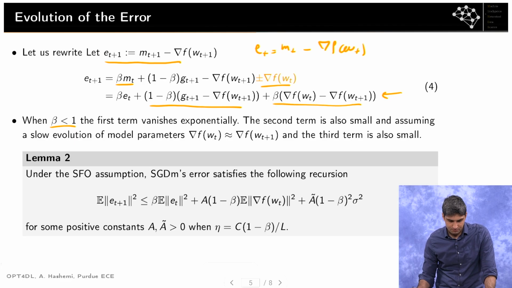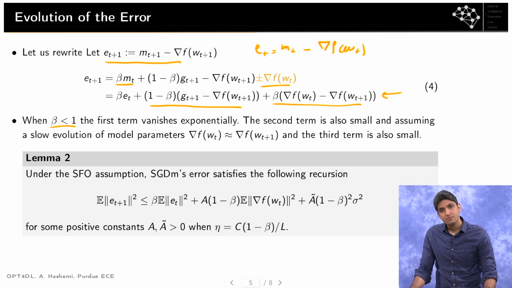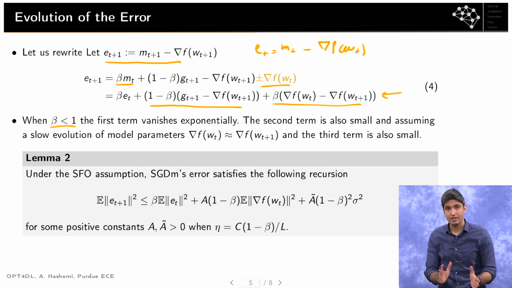The last term would be small if we assume that the parameters don't evolve too rapidly. This depends on the difference of gradients at two consecutive updates. Obviously, it could depend on the loss landscape itself.